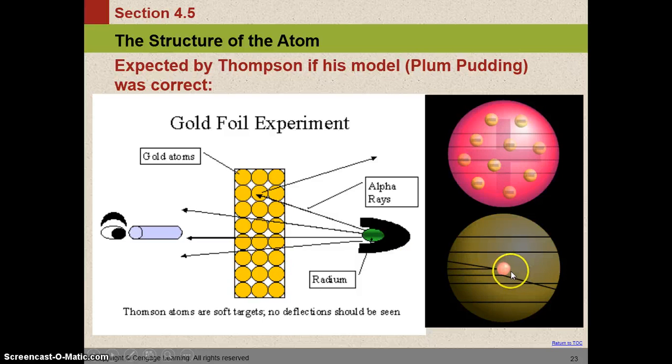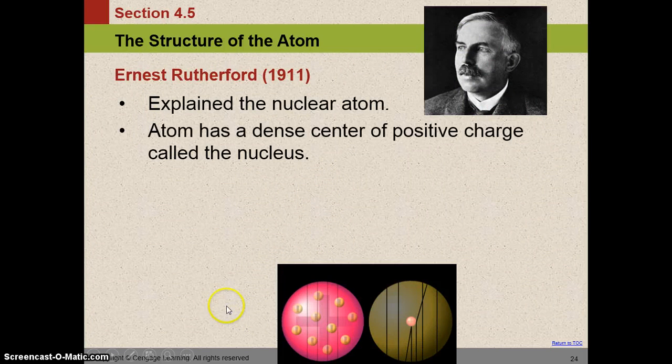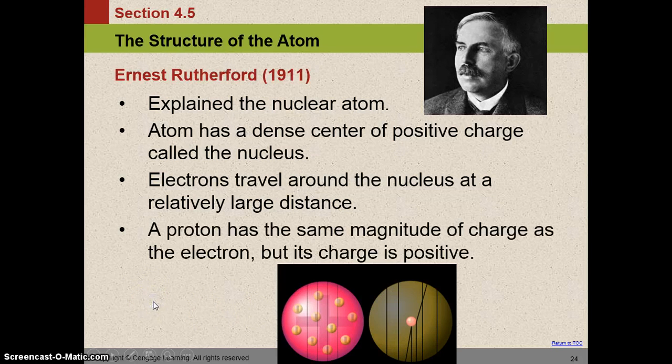Those angles of deflection caused Rutherford to think that it was possible instead that there were not electrons floating throughout a positive charge, but actually a nuclear atom. So he said that the atom had a dense center of positive charge, and he dubbed that the nucleus, and then electrons traveled around the nucleus at very large distances, very far away from the nucleus. And this was proposed in 1911.